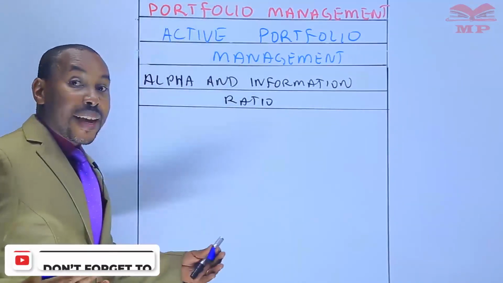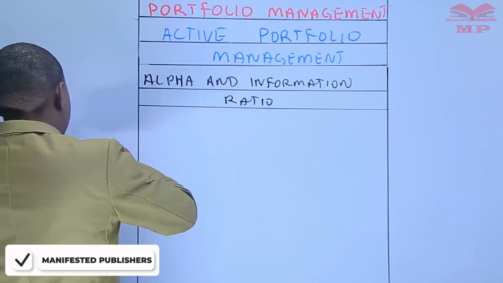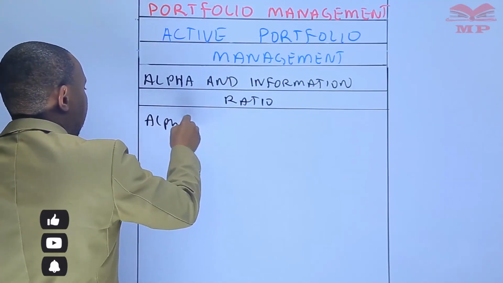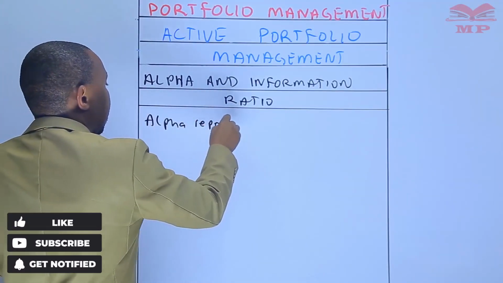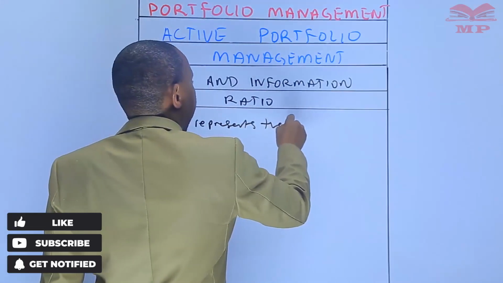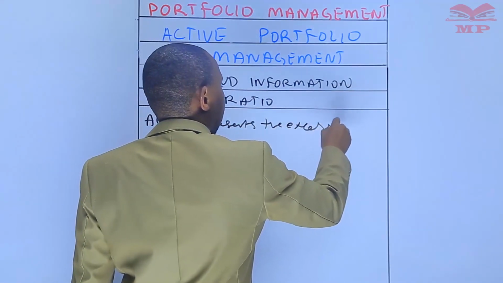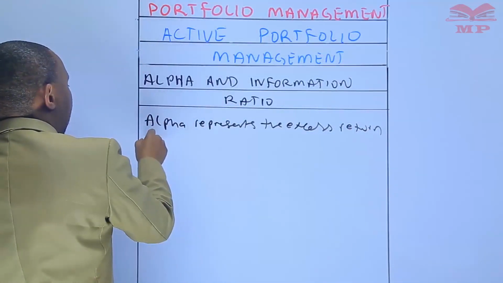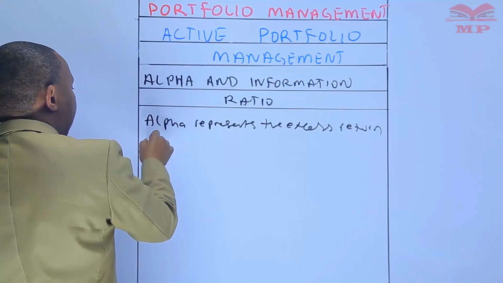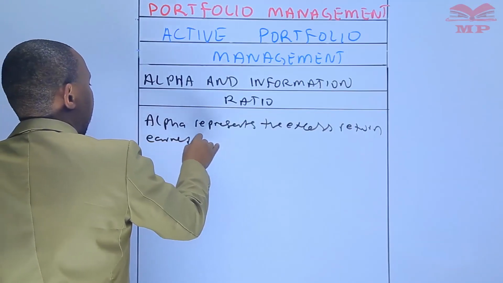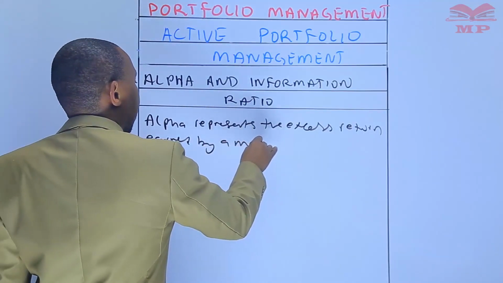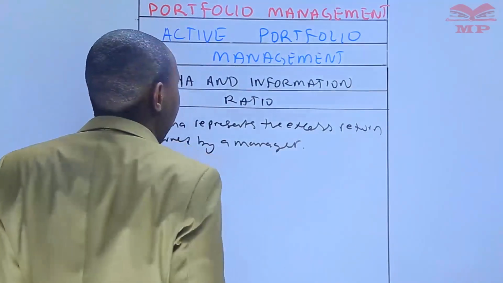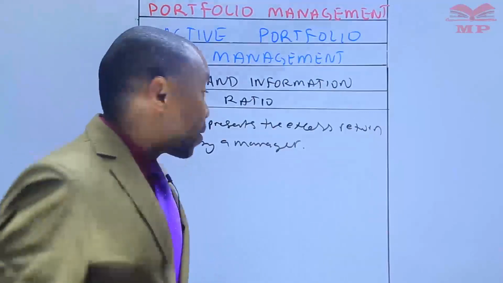Alpha represents the excess return earned by a manager. And what are the components of this alpha?